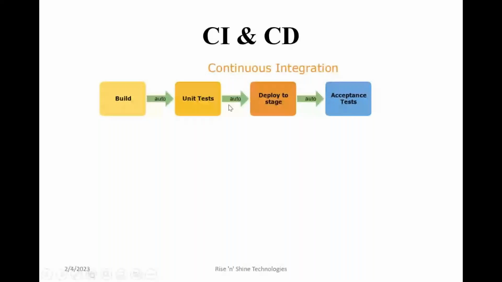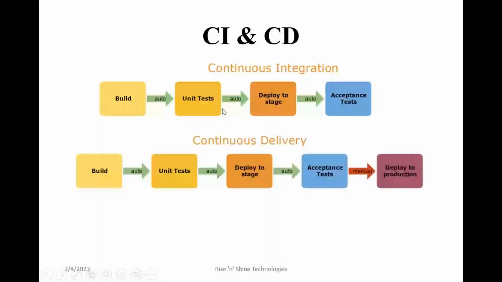But what is delivery? Once integration is done, that is, build it, run the unit test cases, apply to the staging and run the planned test cases in the staging environment, the final objective is promoting that release to production, right?